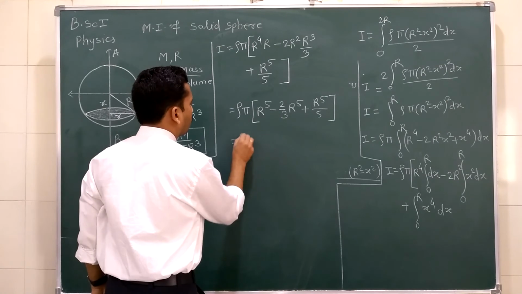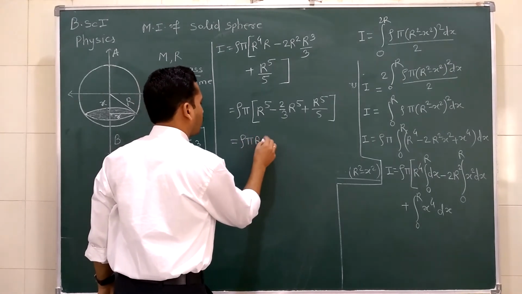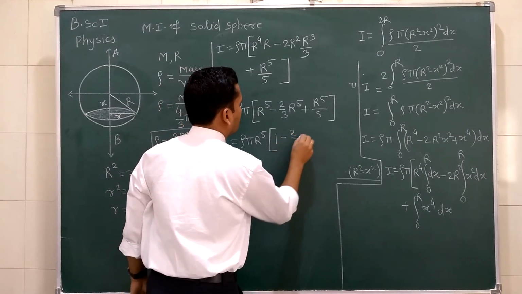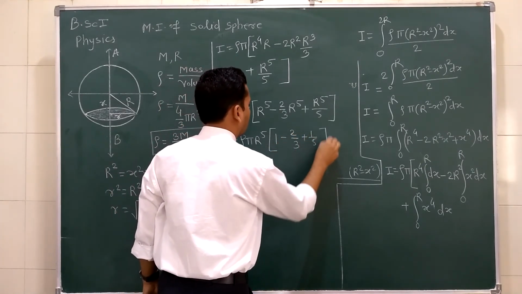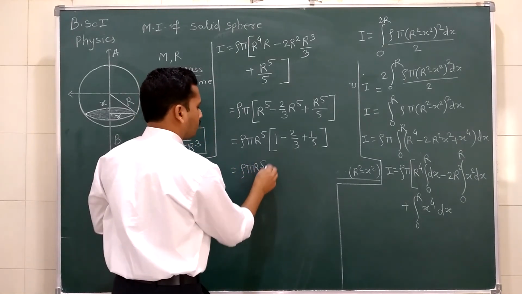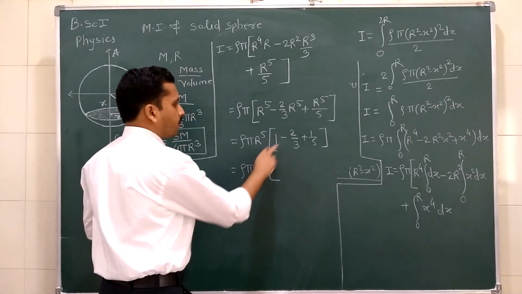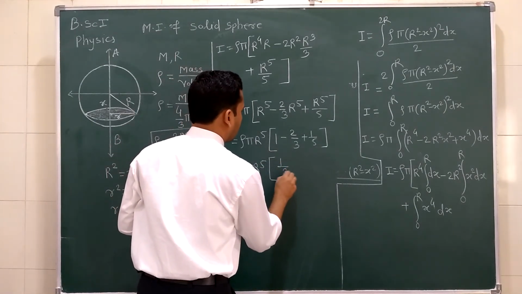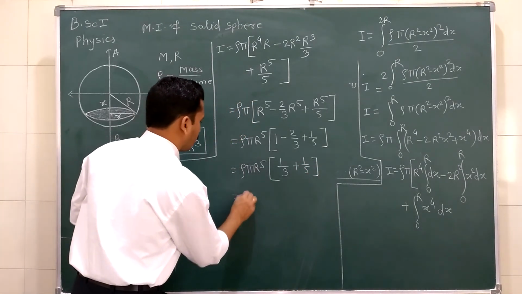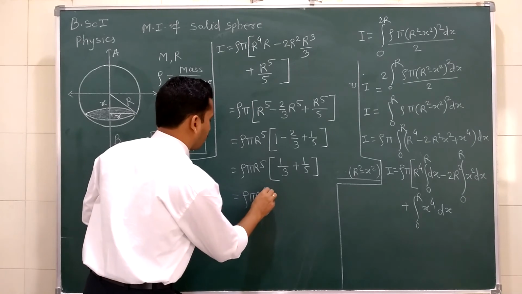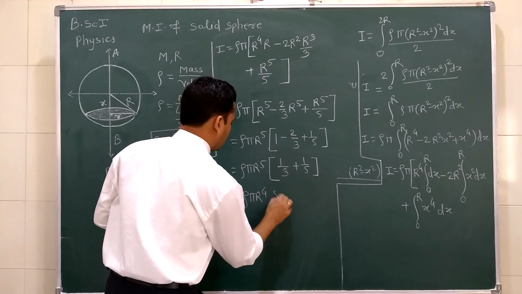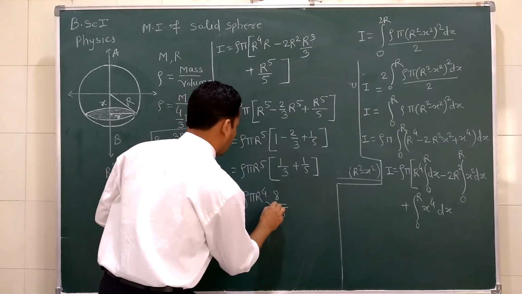So this is equal to rho times pi times r to the power 5 in bracket, 1 minus 2 by 3 plus 1 by 5. 1 minus 2 by 3 is 1 by 3, plus 1 by 5, and this is equal to 8 divided by 15.